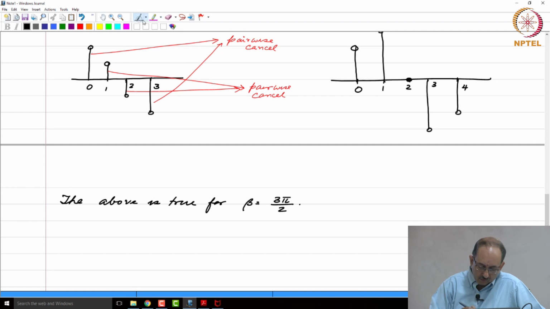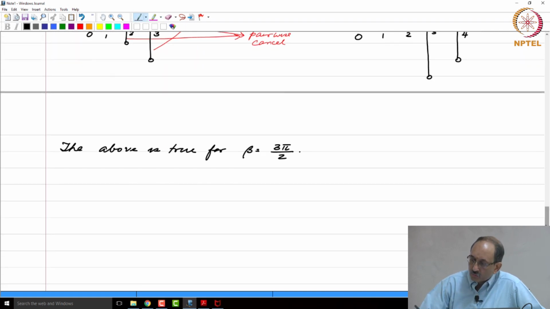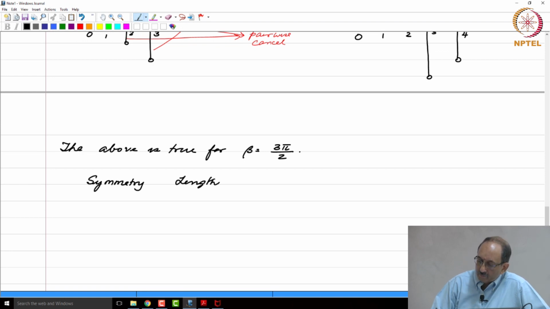Now, let us summarize these two. Therefore, symmetry, length, the value of alpha, and then group delay.